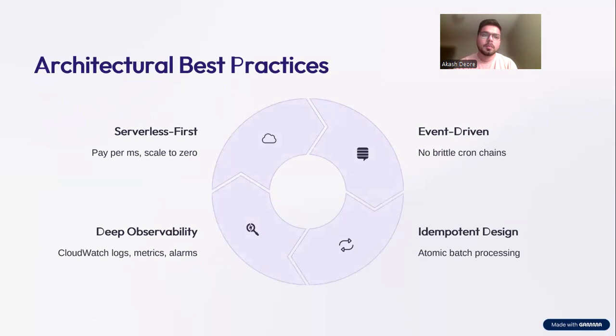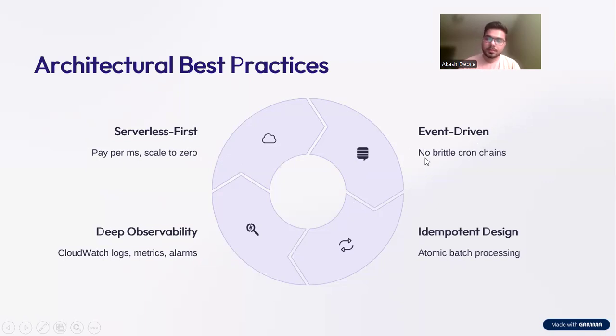So what are the best architectural practices this Data Coral architecture follows? Data Coral's design applies several principles that you can apply to your own projects. First, serverless first, which prefers managed auto scaling services to long running hosts.